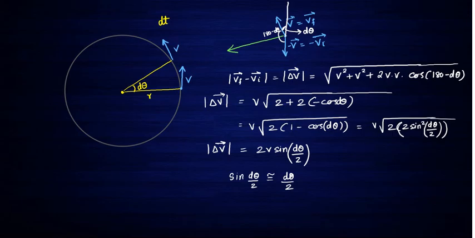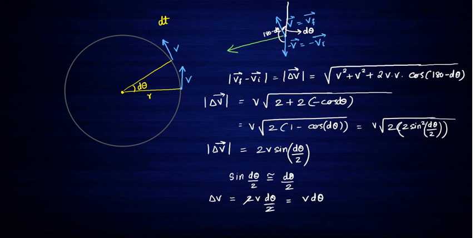Therefore, this delta v is going to be written as 2v sine of d theta by 2. Instead of that, we are going to write d theta by 2. So 2 gets cancelled and we effectively write v d theta. So this is equal to v d theta.